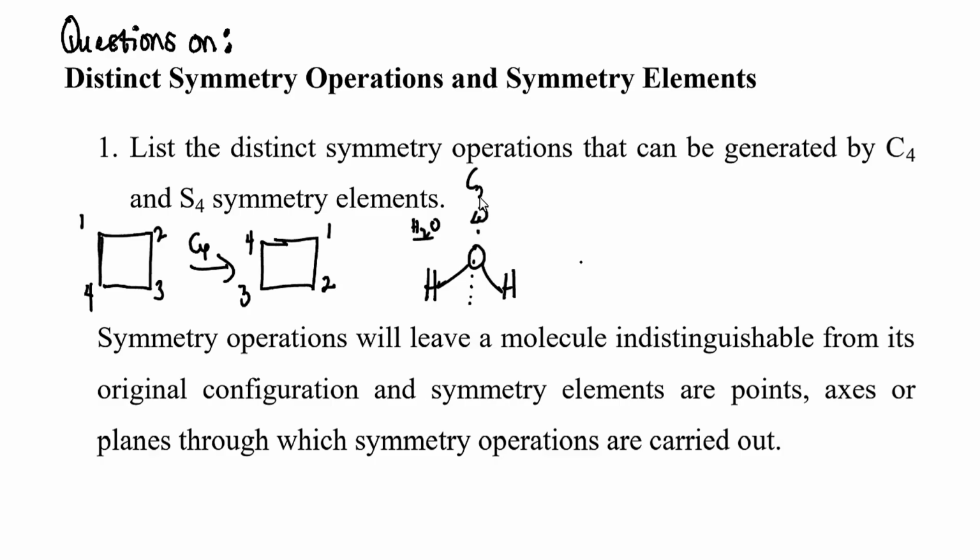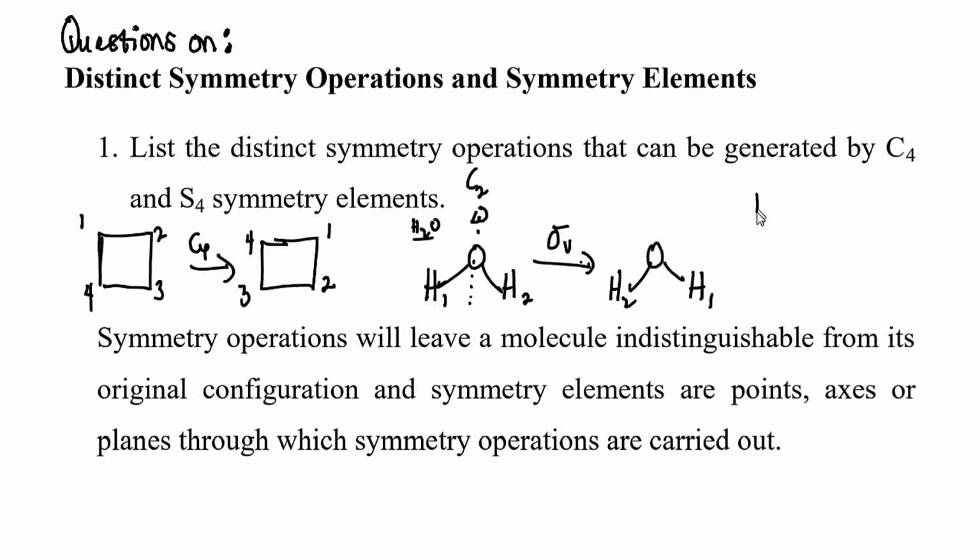This is the C2 axis. So let's say we carry out a mirror plane on it, right? So this is 1, this is 2. Let's carry this out. Basically, we're going to have H2 and H1. So this structure is still the same as this. It's indistinguishable from this, right?